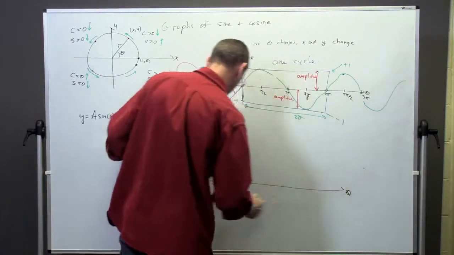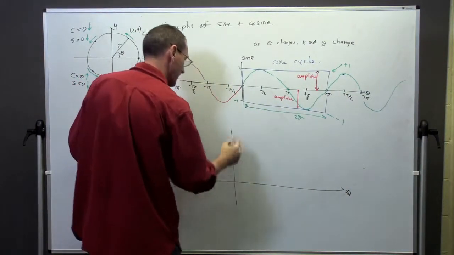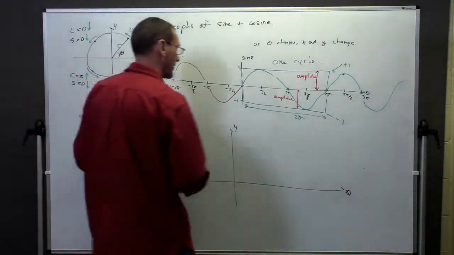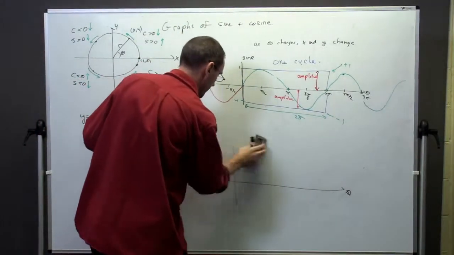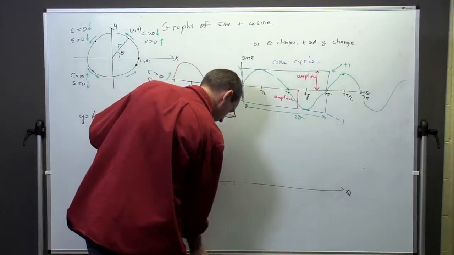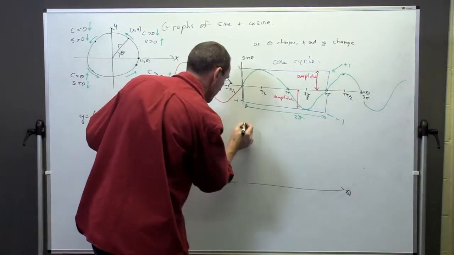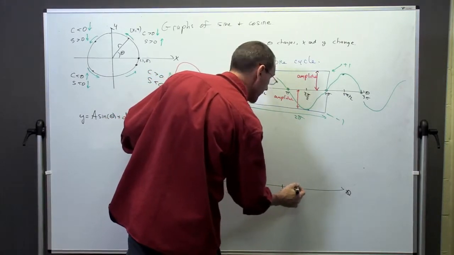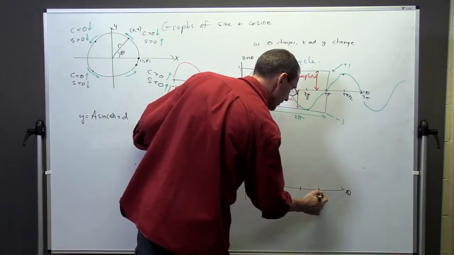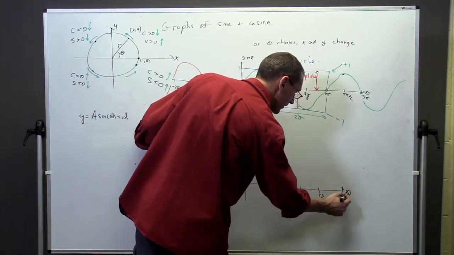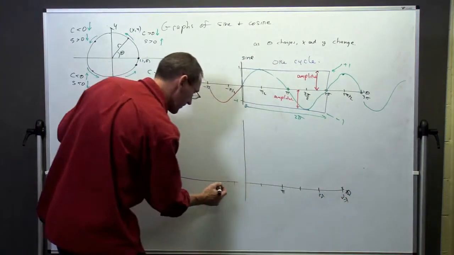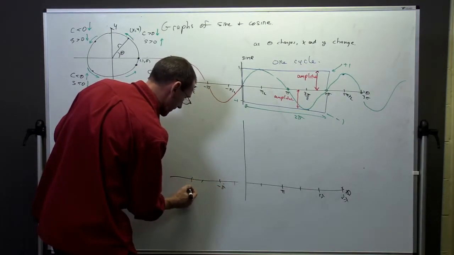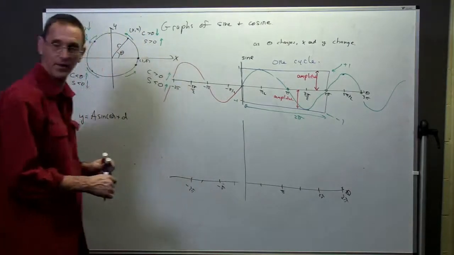let's keep this in terms of theta for now. Okay, then, let me be careful here, let me line this up a little more carefully. Let's say I'm going to have my pi over 2, pi, 3 pi over 2, 2 pi, 3 pi, minus pi, minus 2 pi, okay.